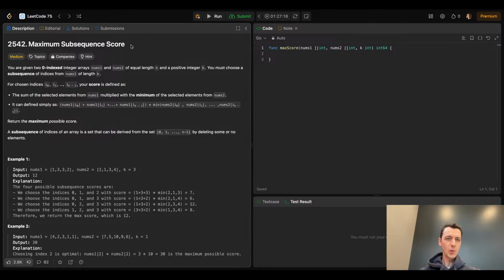Maximum subsequence score. Wow, score. Let's see if we can understand it first. You're given two zero-indexed integer arrays, nums1 and nums2, of equal length and a positive integer k. You must choose a subsequence of indices from nums1 of length k.